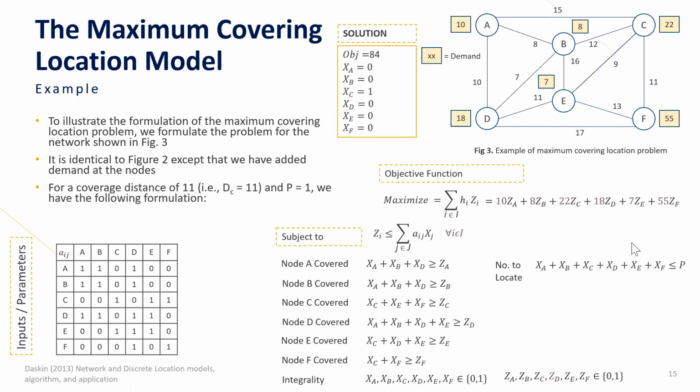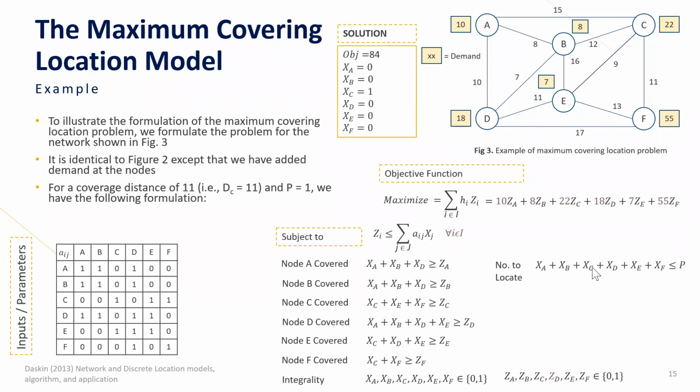And we expand the model in such a way that each constraint is expanded one by one like this, to represent whether node A is being covered, node B is being covered, node C, node D, node E. This is the expansion of constraint number 2 that we mentioned earlier.